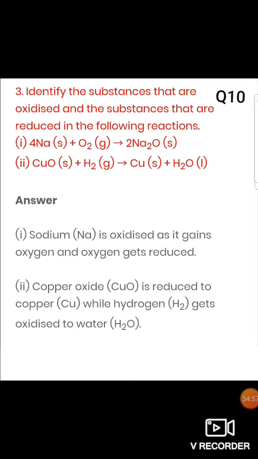In the second chemical equation, CuO solid plus hydrogen gas gives copper plus water. So copper oxide is reduced to copper, while hydrogen gets oxidized to water.